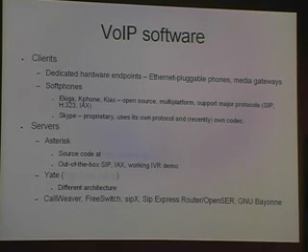Anyway, there are other software packages out there. For example, Yate. It's a completely different architecture from Asterisk. It started a couple of years later, and the architecture is much cleaner. You can look at it if you want. Also, it is less feature complete than Asterisk.